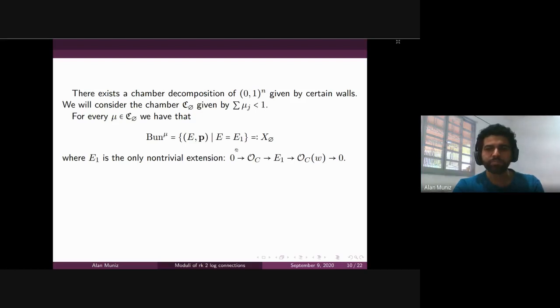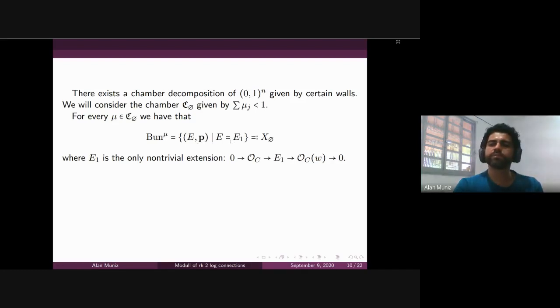We have this very nice property that in this chamber, the underlying vector bundle is fixed. We only have to change the directions.